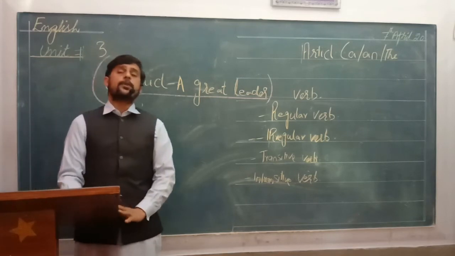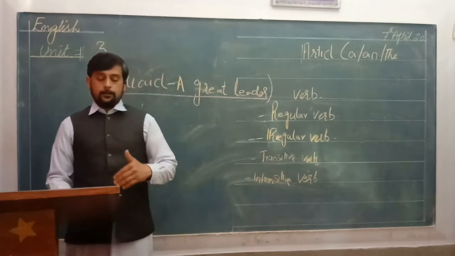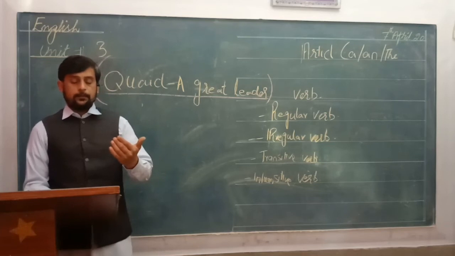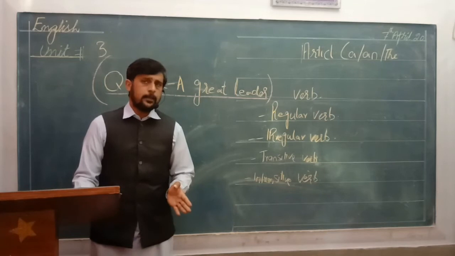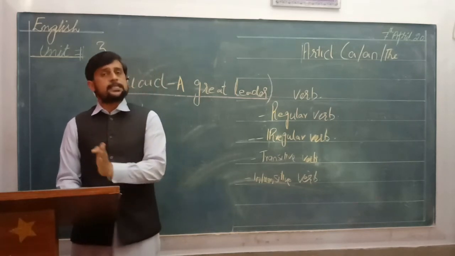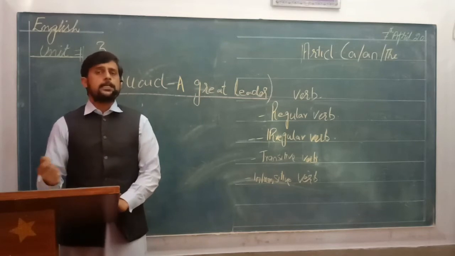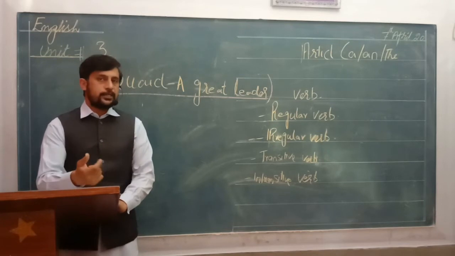A is used with all the singular nouns which are having, for example, any consonant letter in the beginning, or any letter which gives the consonant sound. A boy, a chair, a book, a pen, a dice, a teacher.